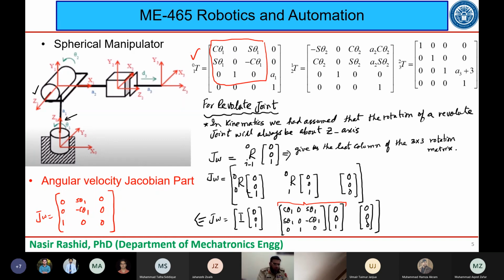So just adding one more for your experience, that if we have the third joint also as a revolute joint, I am assuming that I have the third joint also as a revolute joint. So let me just write it down.